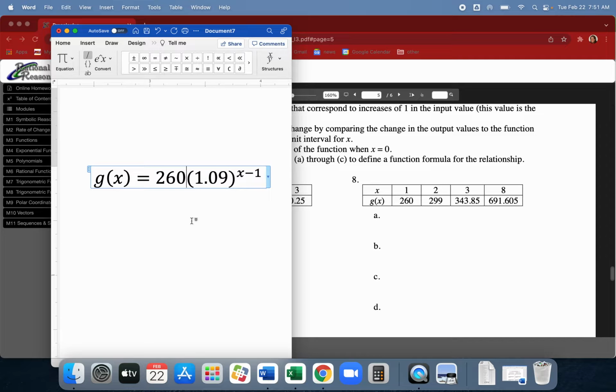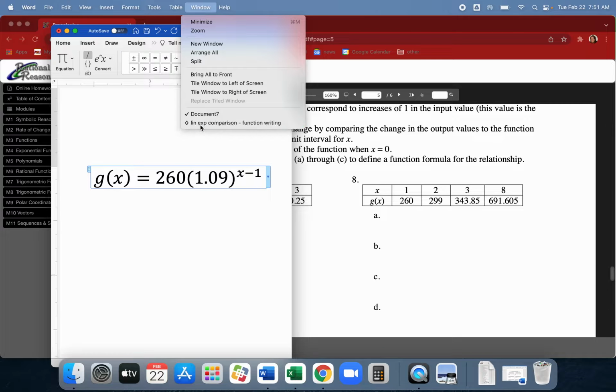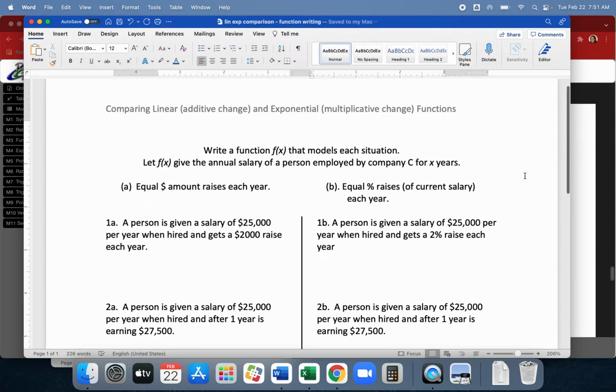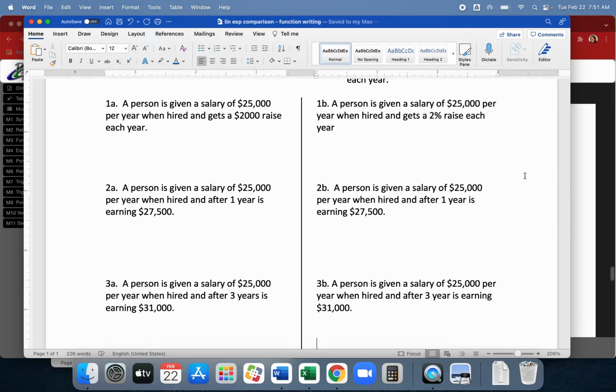Write a linear function, f of x, that models each of those. And then you'll see on the right next to each of them, and we'll do these together, the right half of this, and talk about it a little bit. But take a peek. The right half, the 1b through 5b.